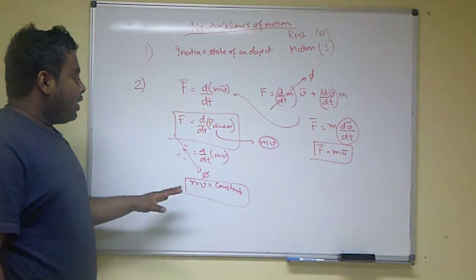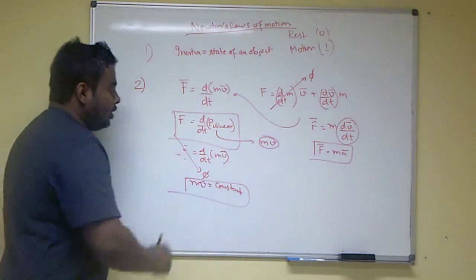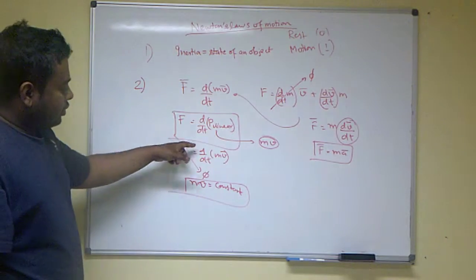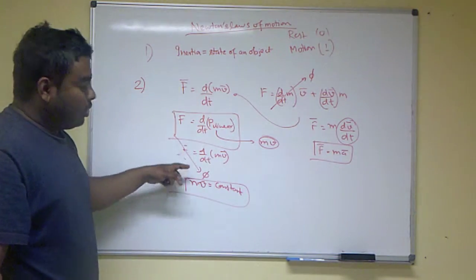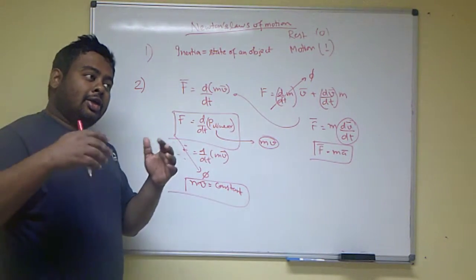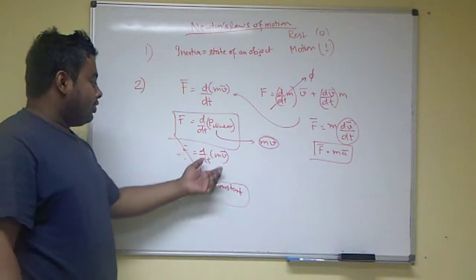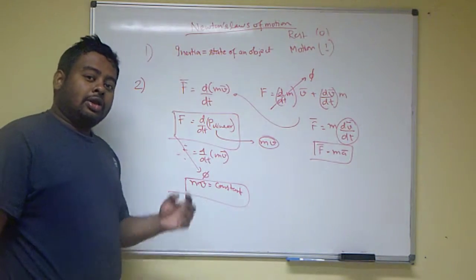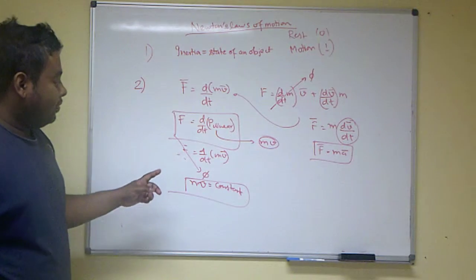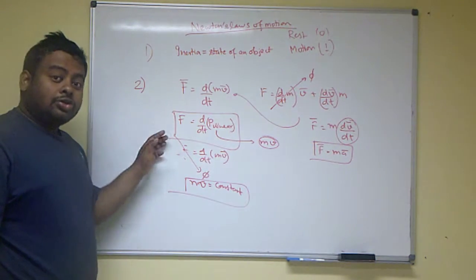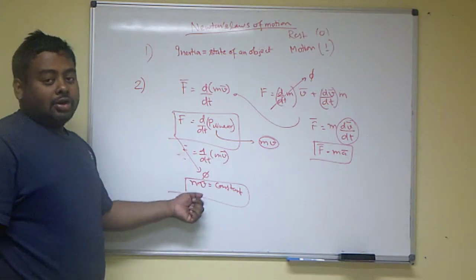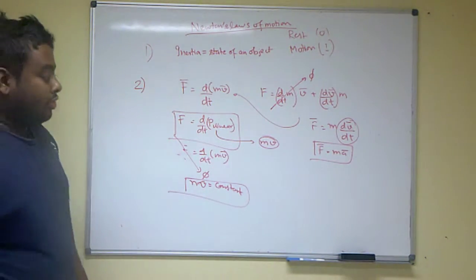And basically, what we are trying to say is that if there is no external force, then d/dt of mv will become 0, and the derivative of any quantity becomes 0 when that quantity is constant in that variable. So if no external force is applied on the body, then your momentum, m times v vector, is going to remain constant as a function of time.